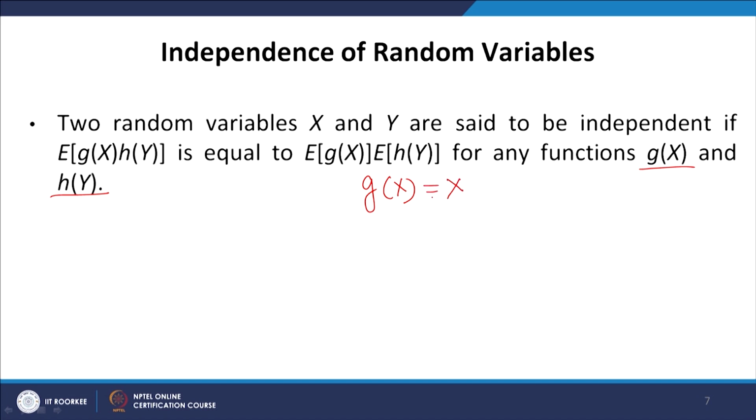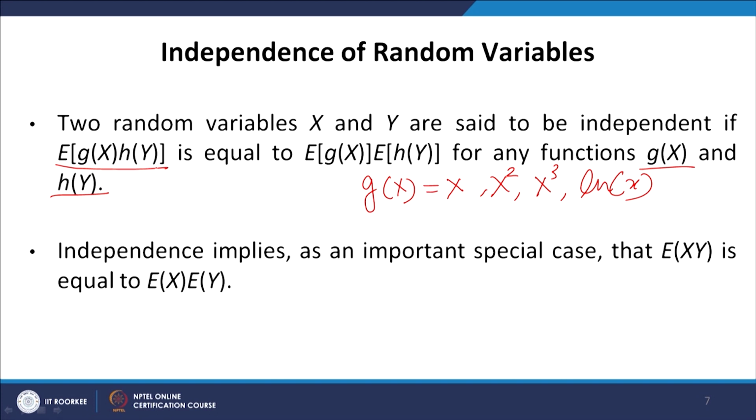It can be simply the values of x, it can be x square, it can be x cube, it can be logarithm of x and so on. Similarly, for h(y), for any functional form of y, we refer to it as h(y), a general functional form. So, what independence implies is that expected value of the multiplication of the two functional forms of the two variables is equal to the multiplication of expected values of the two functional forms.